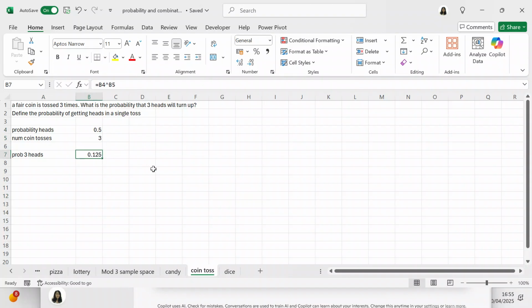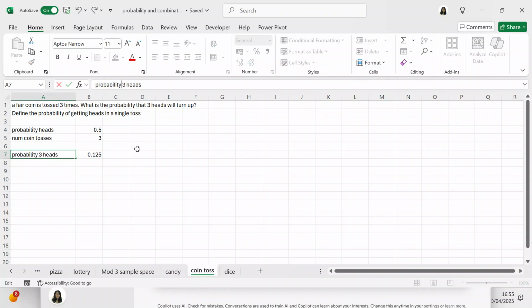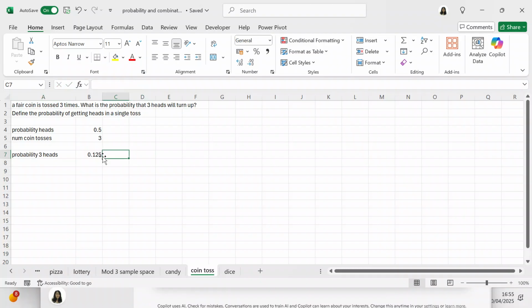So the probability of 3 heads is B4 to the power of B5. So that's going to be 0.125 or 12.5%. Probability of 3 heads. So that's how you solve that question.